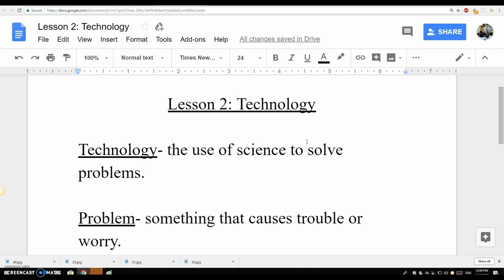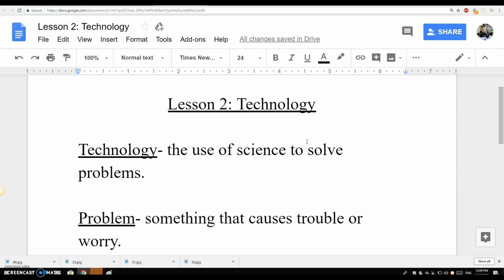Now, sometimes people think that technology is only the stuff that uses electricity, like a computer, or a cell phone, or a TV. But there's many, many different kinds of technology. For example, a chair is a kind of technology.